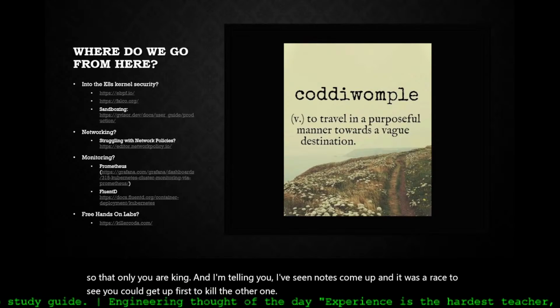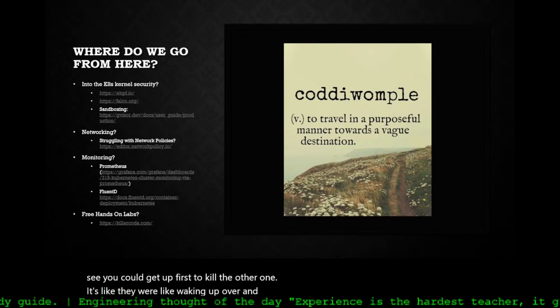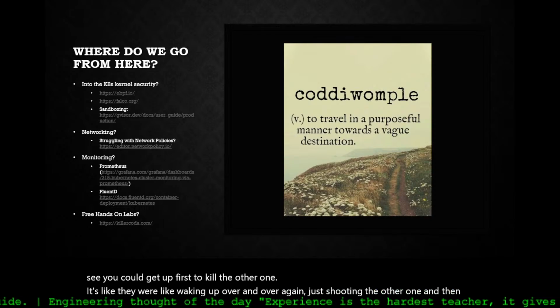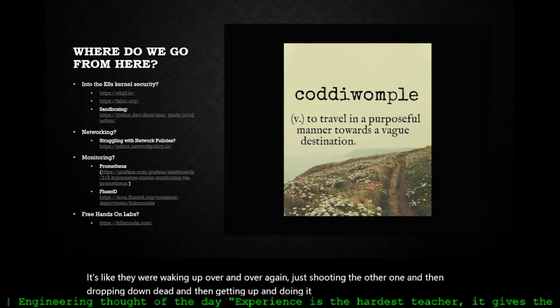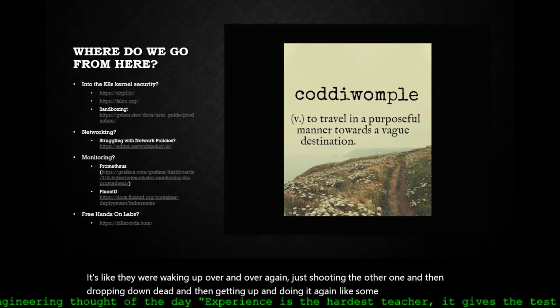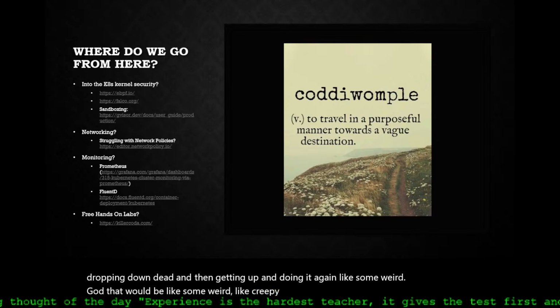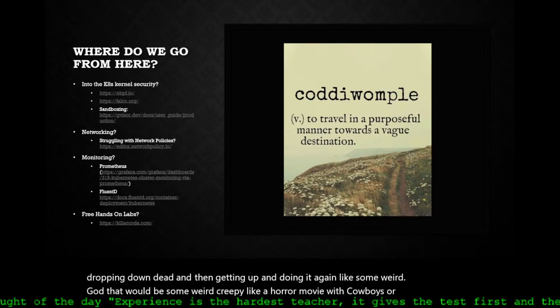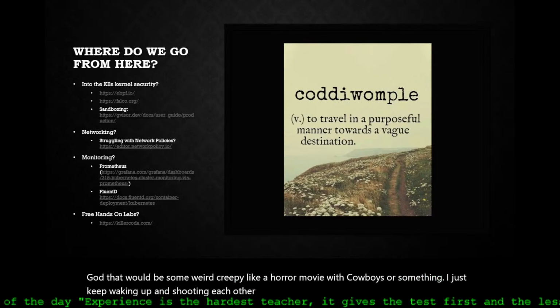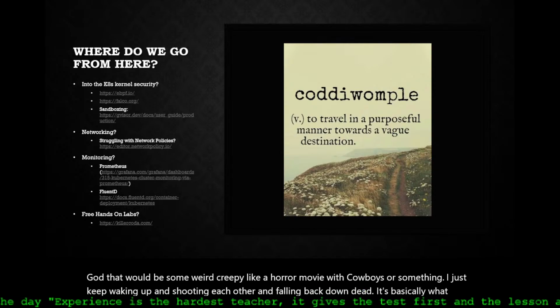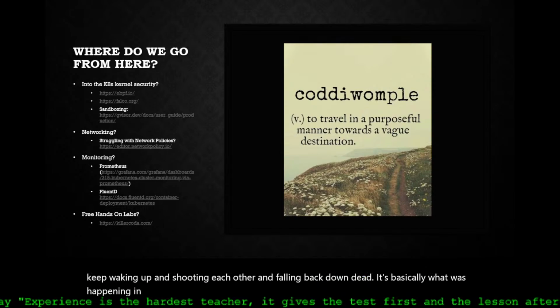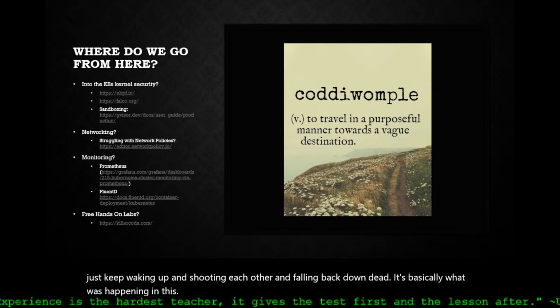It's like they were waking up over and over again, just shooting the other one and then dropping down dead and then getting up and doing it again. God, that would be like some weird, creepy horror movie with cowboys or something. They just keep waking up and shooting each other and falling back down dead. It's basically what was happening in this stoneth situation I got in once.